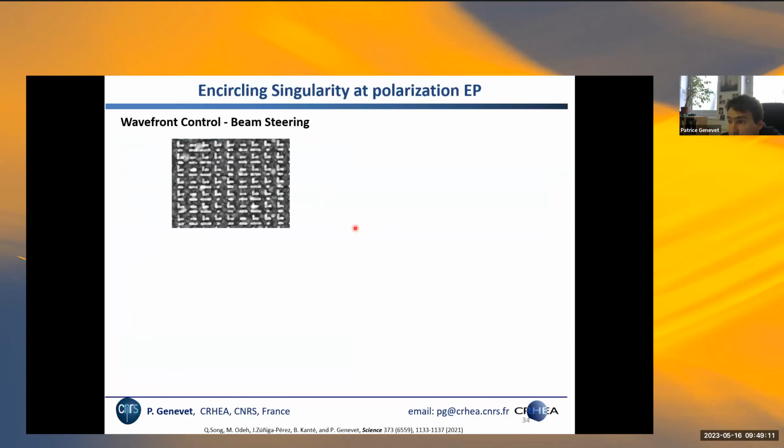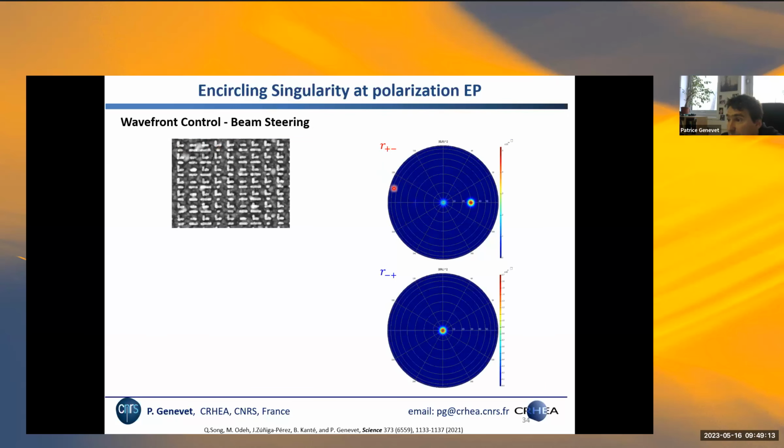So we fabricated one of these structures, made a phase gradient metasurface, and you see that if you look at the plus to minus polarization conversion with this phase gradient metasurface, you see the appearance of a beam that is deflected at the period defined by the phase gradient period of the structure. While if you look at the other polarization conversion, you are essentially reflecting normally.